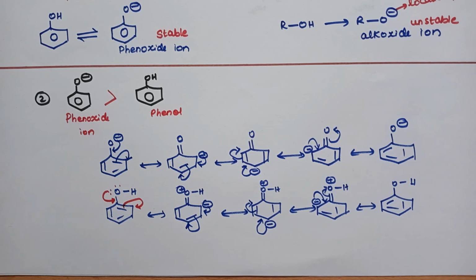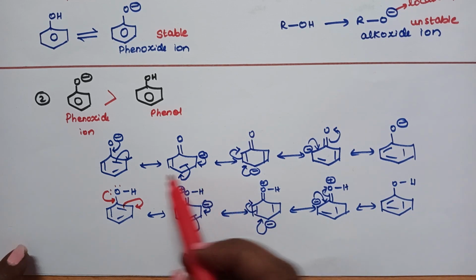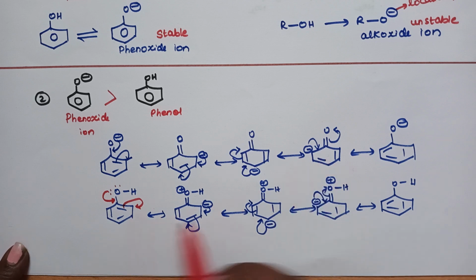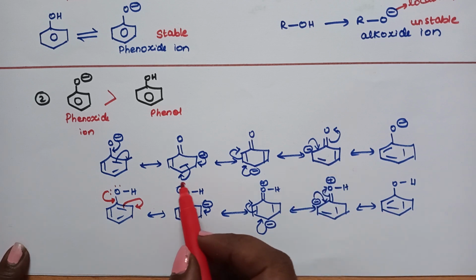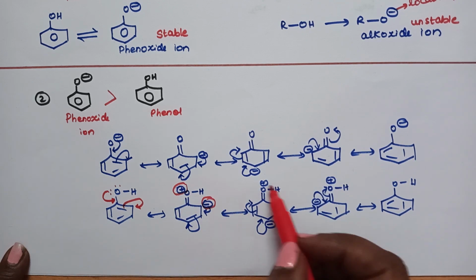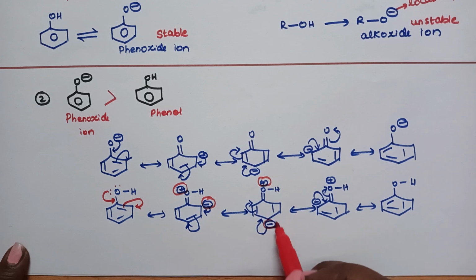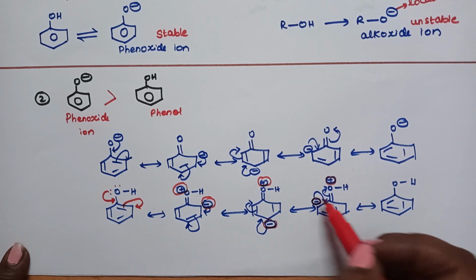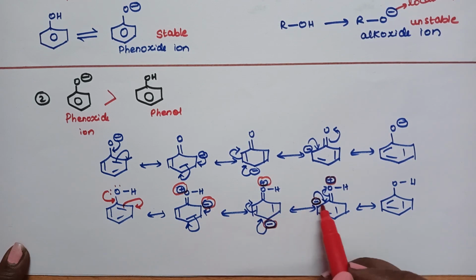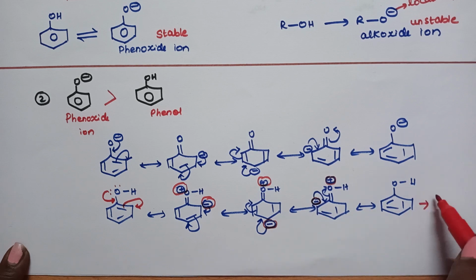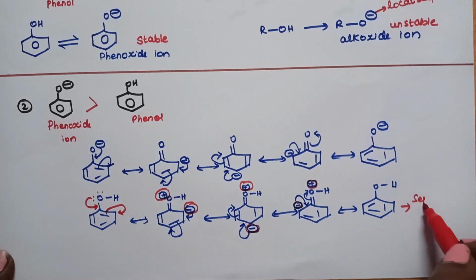phenol. So students, if you compare the resonance structures of phenoxide with that of the phenol, here you can see positive sign, negative sign, positive sign, negative sign, positive and negative. So there is separation of charges in the phenol.